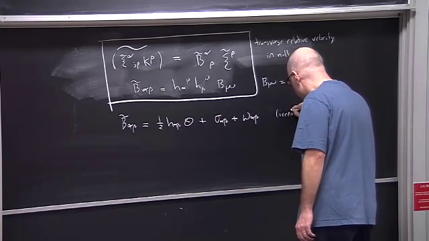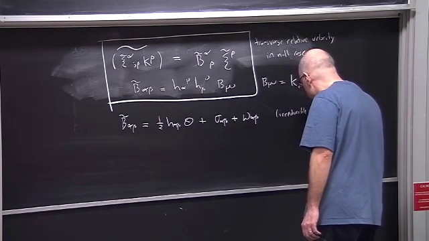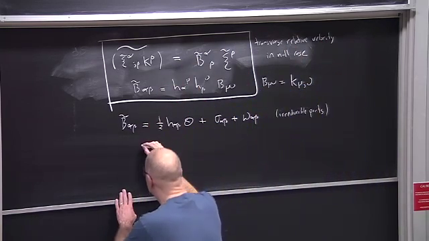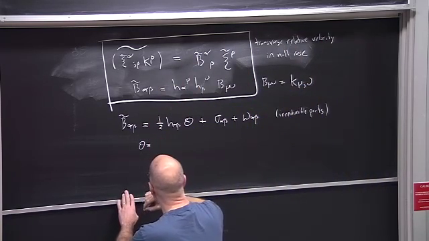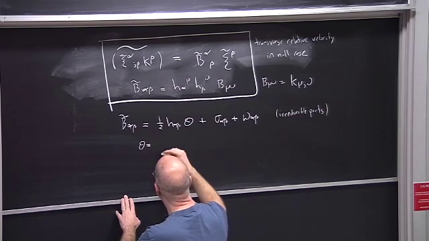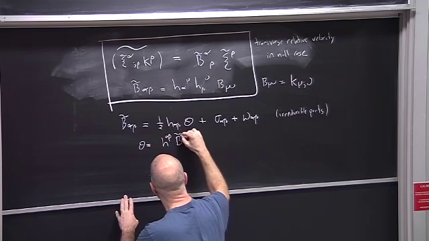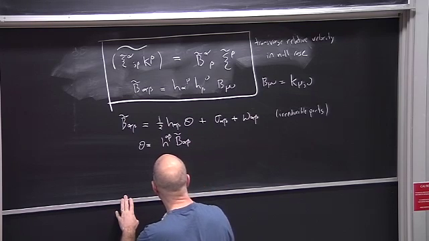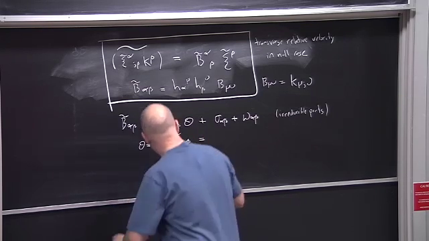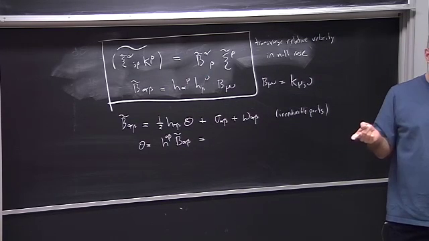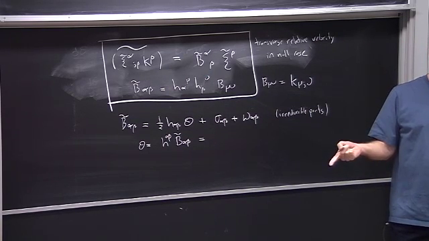Theta is going to be the expansion scalar in the null case. That's given by the trace of the projected B. But because B tilde is now fully orthogonal to both K and N, taking the trace with h or taking the trace with g is exactly the same thing.